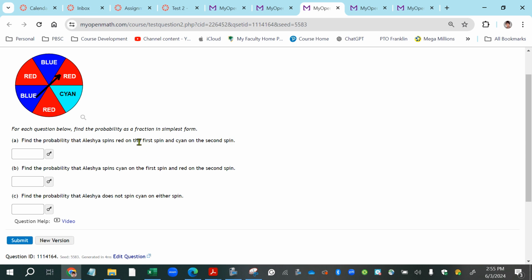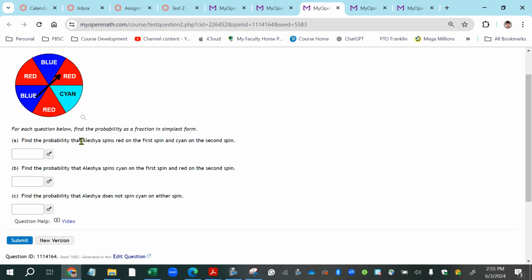Now, the reason I'm taking the time to really point out the phrase "and then" is that when you can reword things using that phrase, it means that you want to use the multiplication rule of probability.